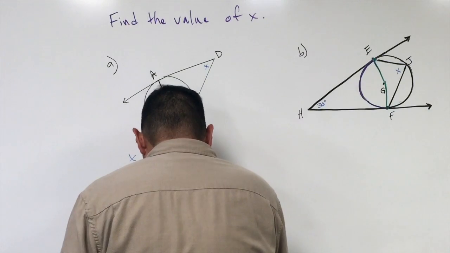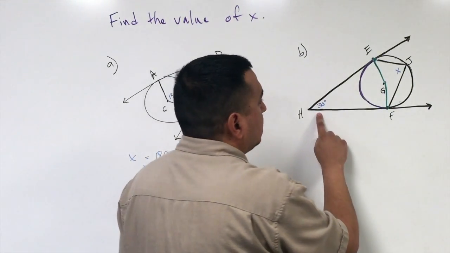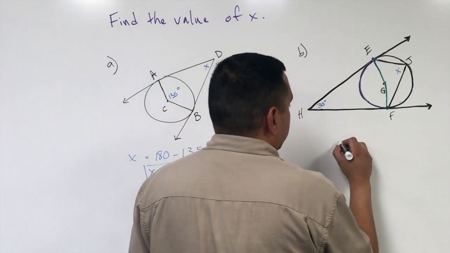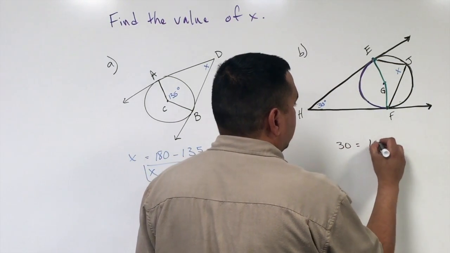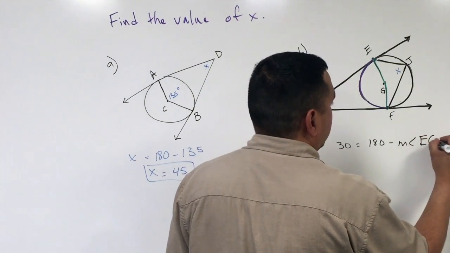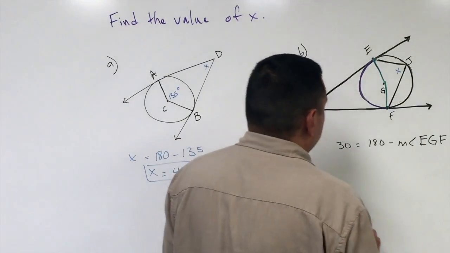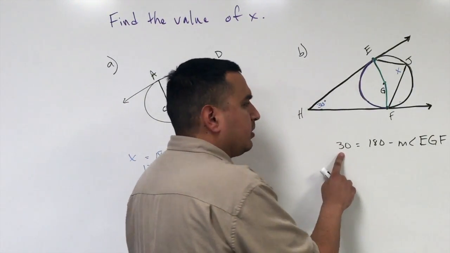The circumscribed angle theorem said that in order to get this 30, this angle 30, I would have to do 180 minus the measure of angle EGF. Now, since I know this angle, I'm going to go backwards.